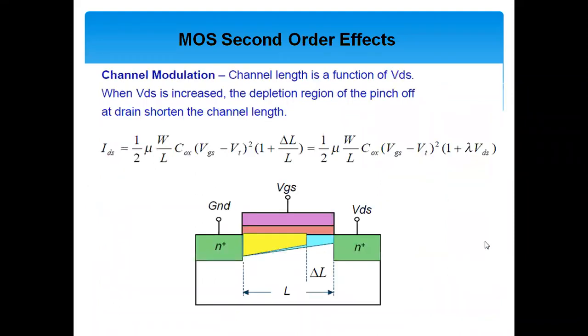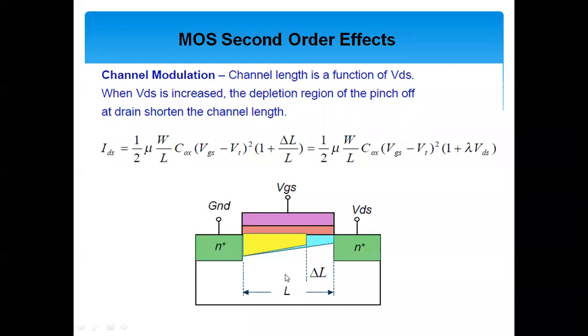Next is the second order, sorry, channel length modulation. The next second order effect is channel length modulation. So what is channel length modulation? Channel length is a function of VDS, right? L is nothing but the length of the channel and W is the width of the channel.